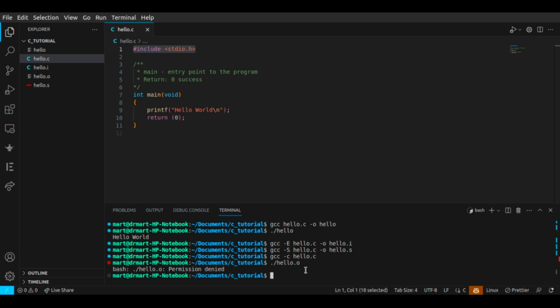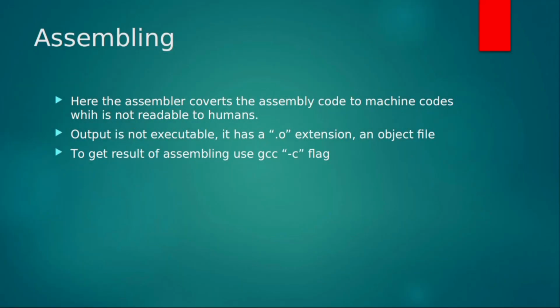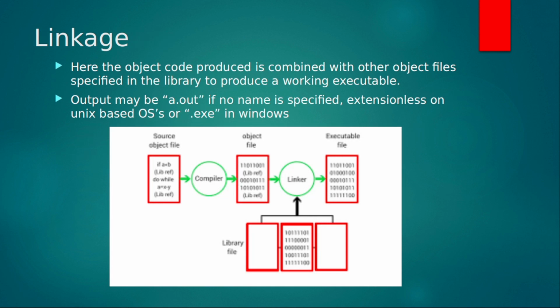So let's continue with our presentation. The next step in the process of compilation is the linkage. So here the object code produced is combined with other object files specified in the library to produce a working executable. The output may be a.out if you do not specify an output.